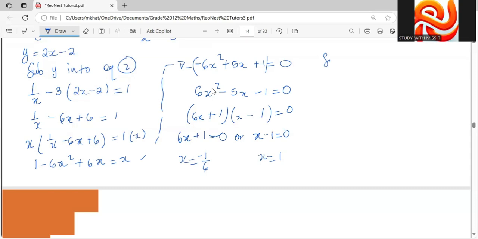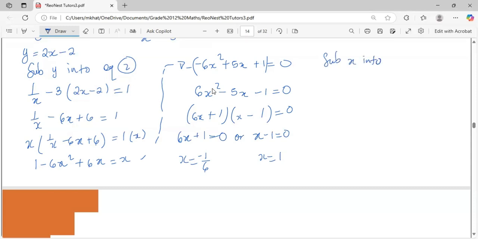So now I'm going to substitute my x into y, which equals 2x minus 2. When x is equal to negative 1 over 6, that means y is, where there's x, I put negative 1 over 6, minus 2, which in this case gives negative 2 over 6, which will be negative 1 over 3.